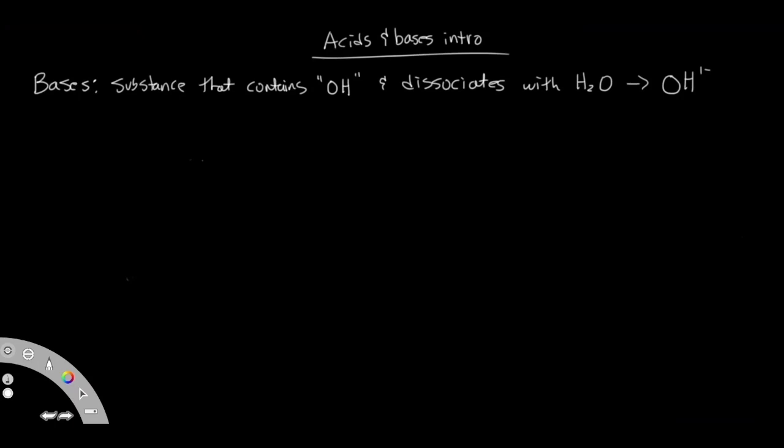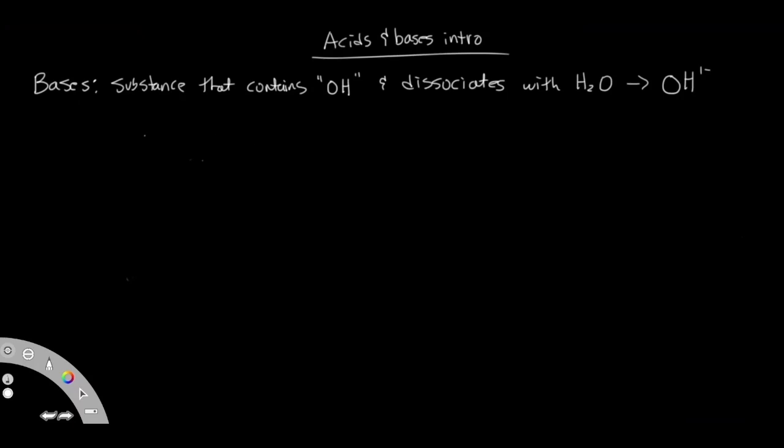Because with our acid, it needs to ionize, as opposed to dissociating, to create that hydronium. Bases dissociate to create this hydroxide.